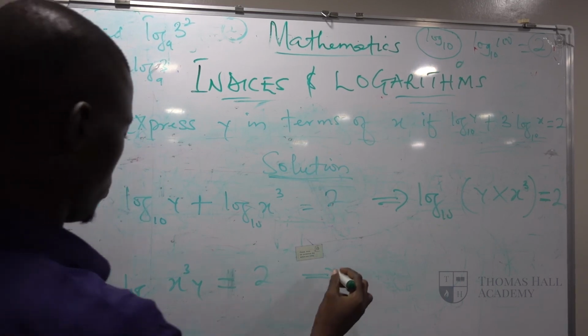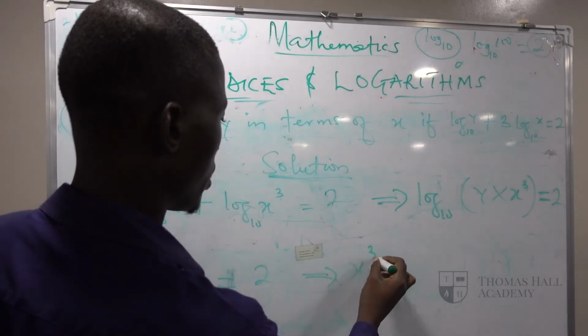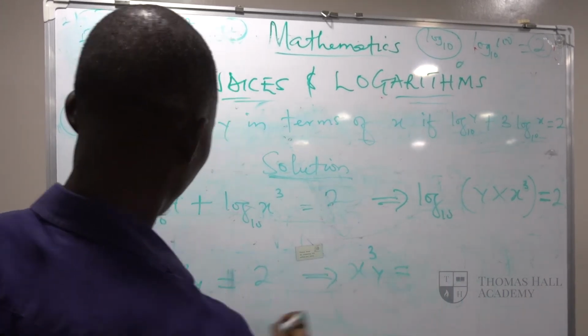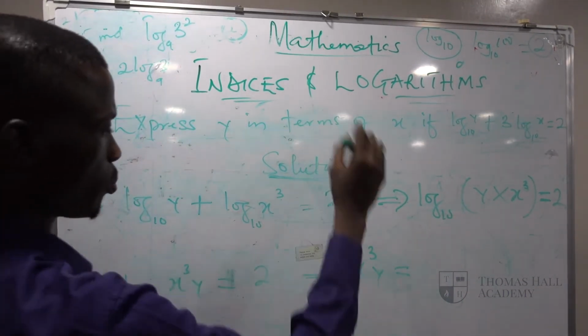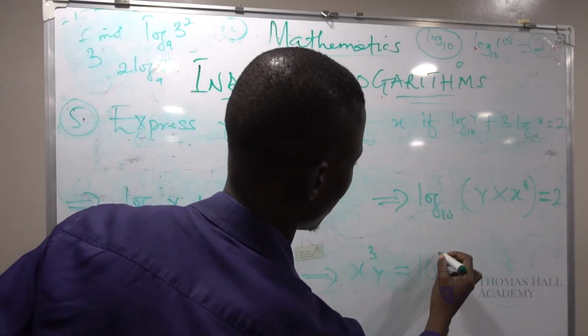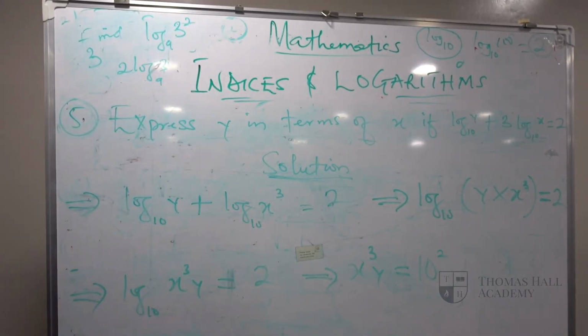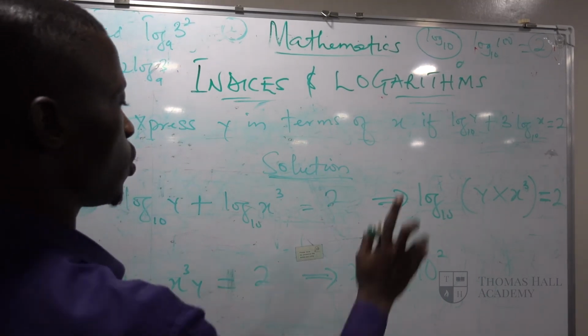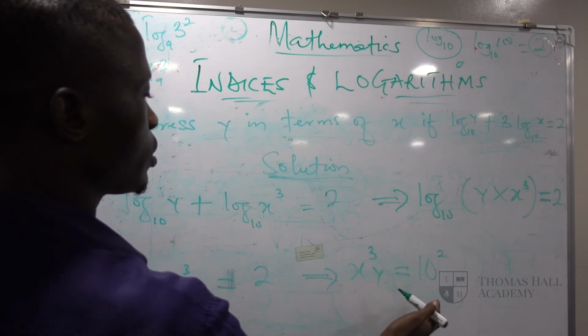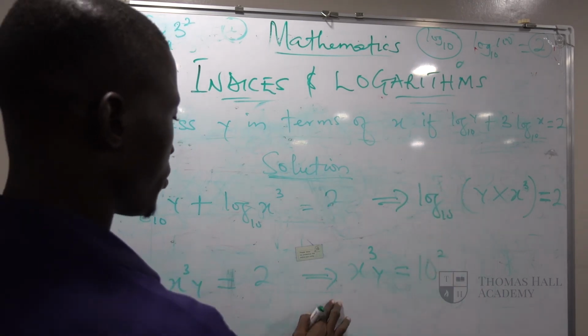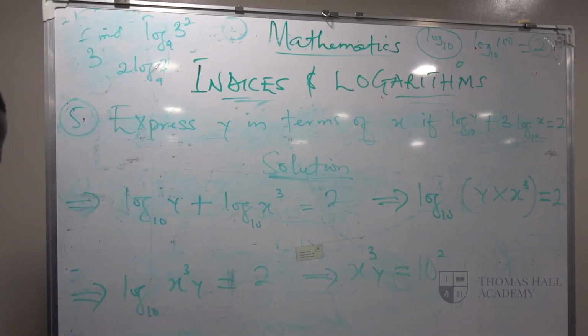Forget about this log. x raised to the power 3 y equals, this 10 comes here and pushes 2 up, 10 raised to the power 2. Forget about this logarithm, because this does not have a logarithm. So this 10 comes here and pushes the 2 up. Thus, this 10 becomes a base, the 2 becomes a power.